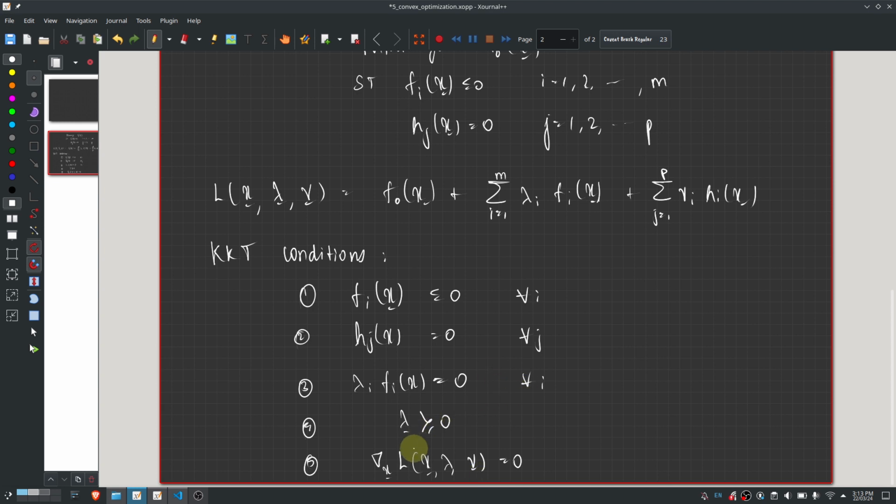The gradient of this Lagrangian is equal to the gradient of f0 of x plus the summation i equal to 1 to m of lambda_i gradient of f_i of x plus the summation j equal to 1 to p of nu_j gradient of h_j, just by linearity of the derivative. All right.